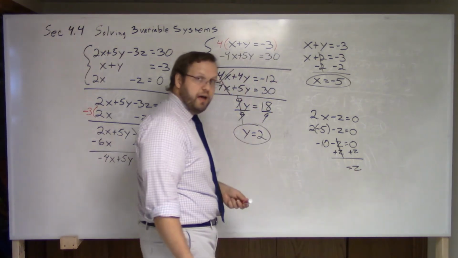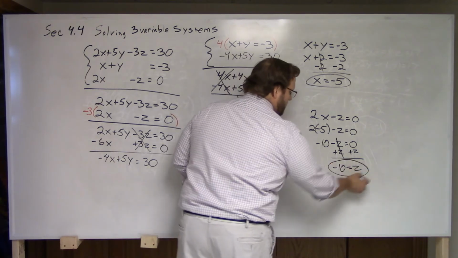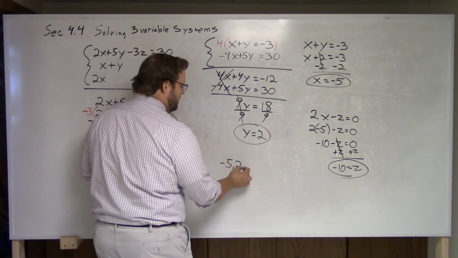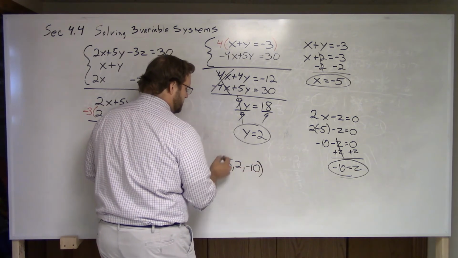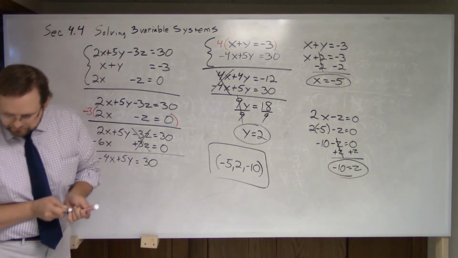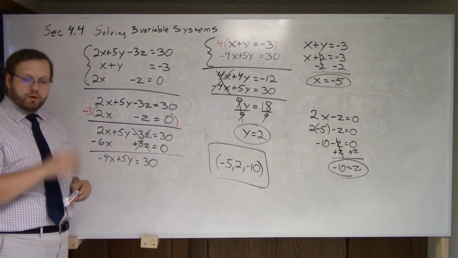Doesn't have to be on the left. And then we get negative 10. So what we get is x, y, z. And there's your answer. Okay? Let's do one more.